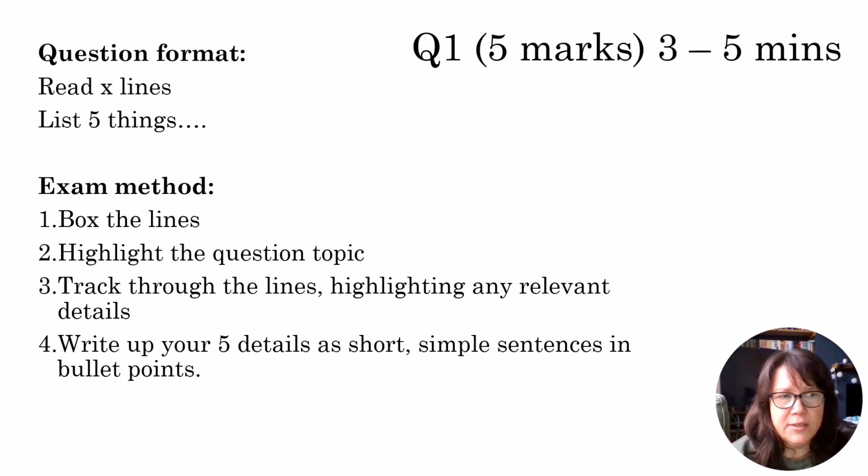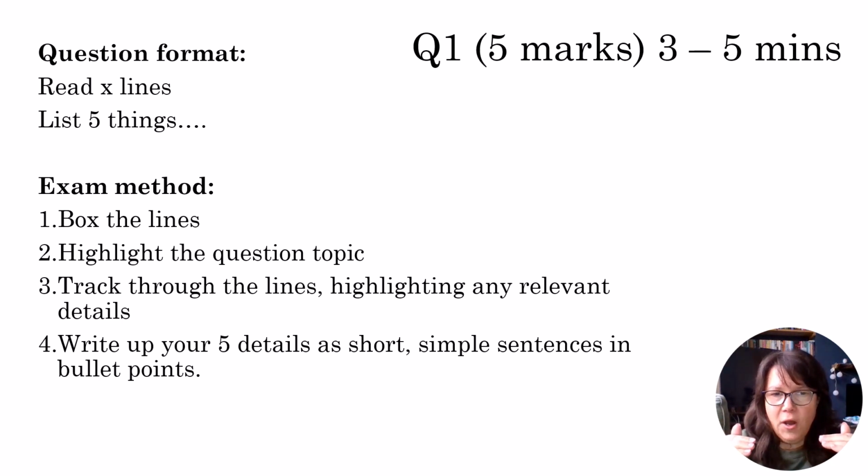So the method for this question is I would draw a box around the lines, or at least box them in the margin. Highlight the question topic so you're not distracted by any of the other information in that first section, and then you want to track through the text, highlighting any relevant details.